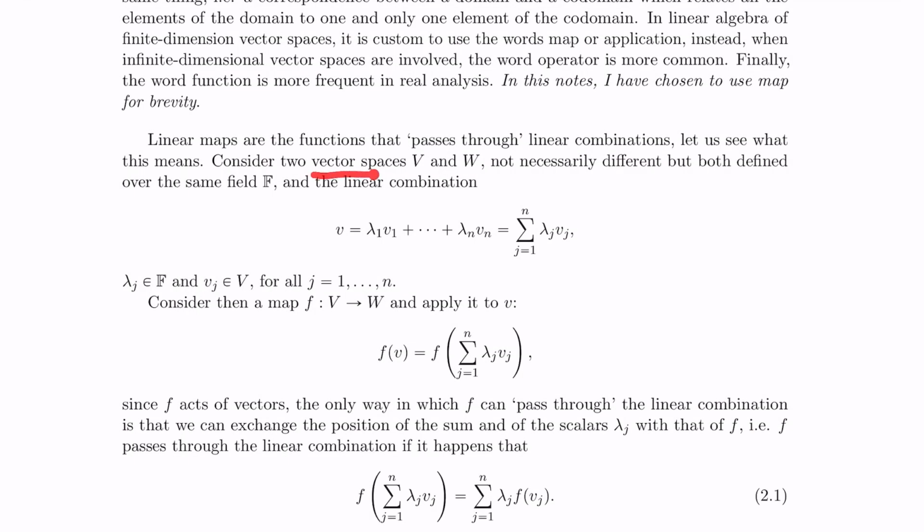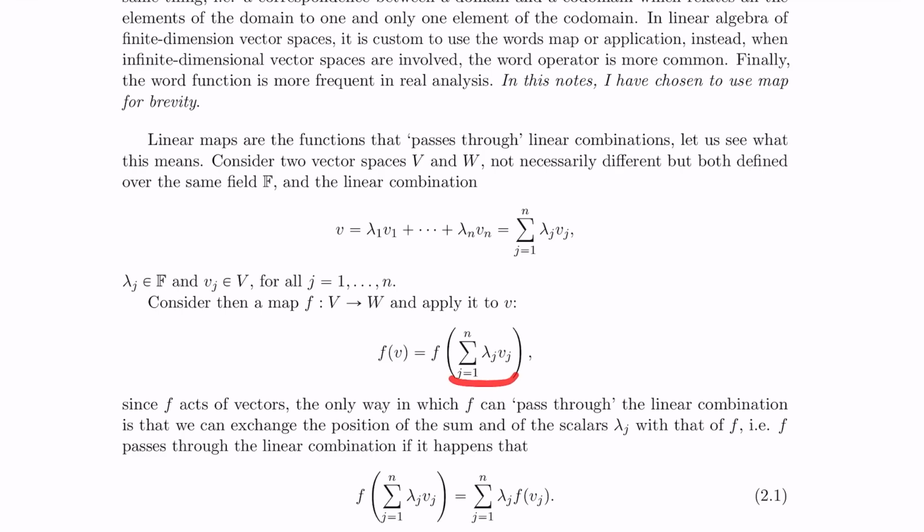Consider two vector spaces V and W, not necessarily different but both defined over the same field F, and consider this linear combination here. Then take a map F from V to W and apply this map to V, that is, write this.